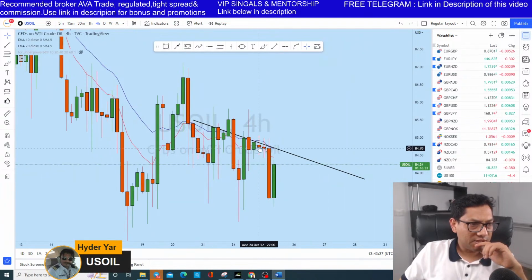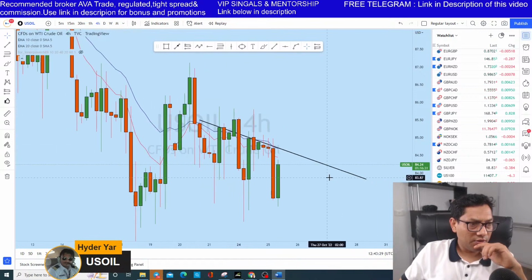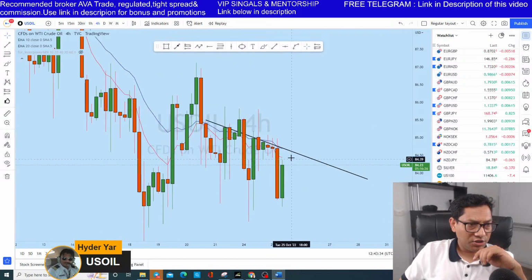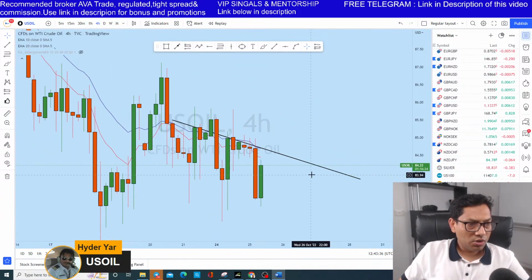It is testing this doji zone on the intraday perspective, and we could potentially see a rejection from here on US oil.